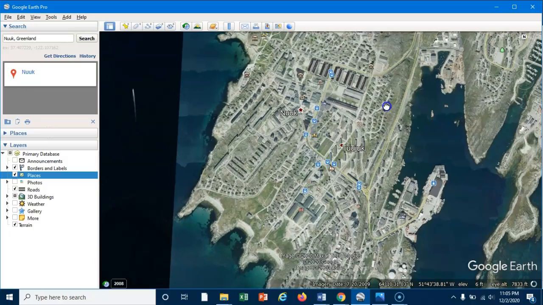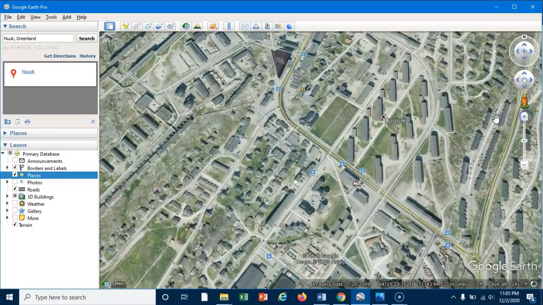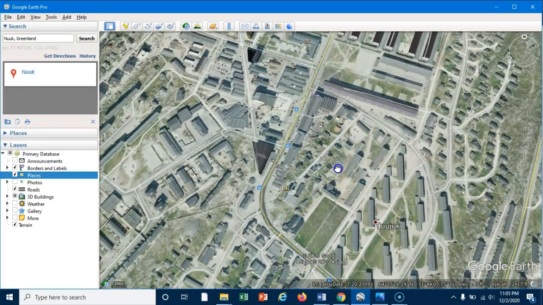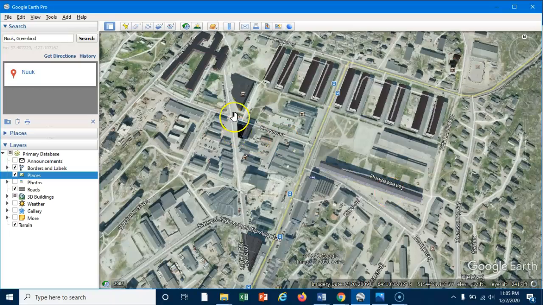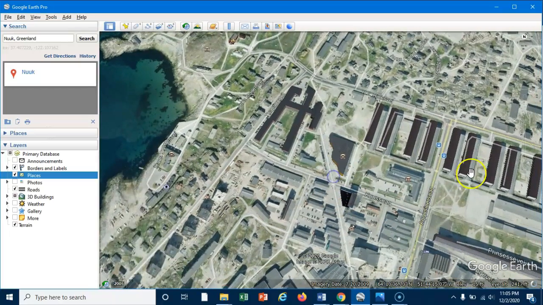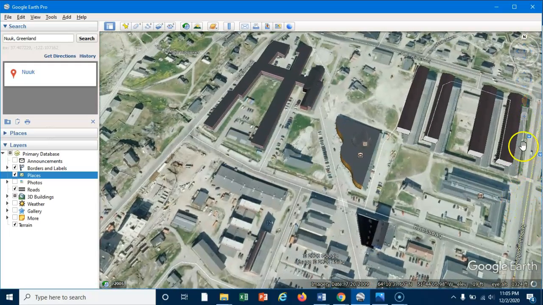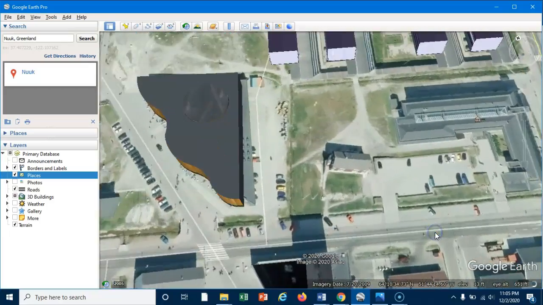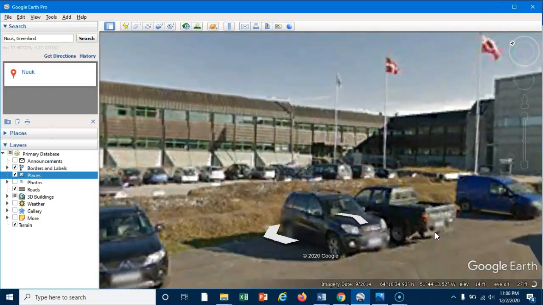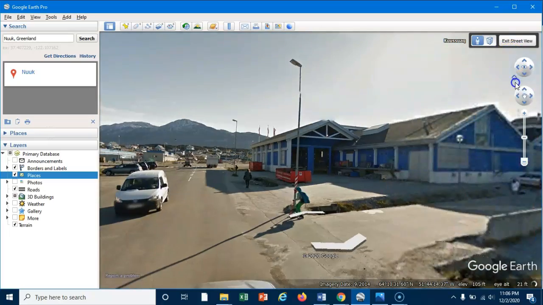In fact, you can go to Nuuk. I'm looking for a particular place here. I don't know if I'll find it. Yeah, around in here somewhere. There's restaurants. Let's see if I can find the restaurant. I think this is the one I was thinking of right here. And you can look at the buildings there. This is not at all Spartan. This is Greenland, folks.